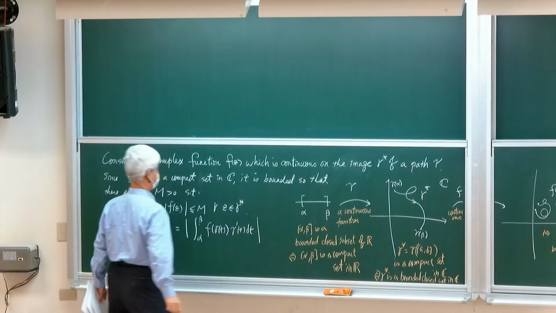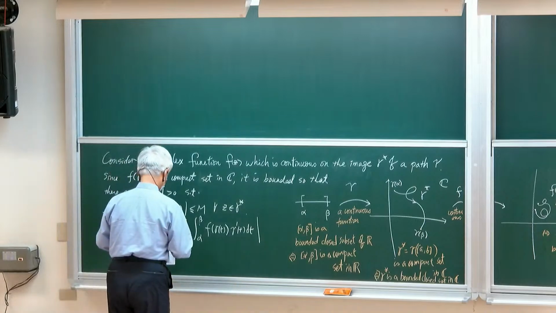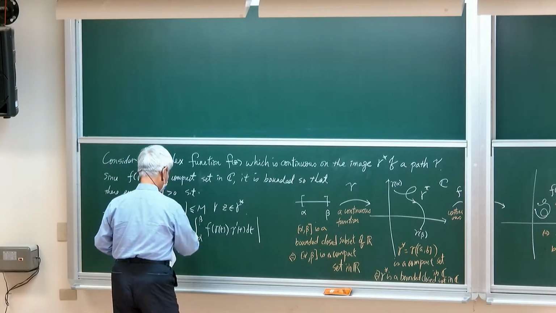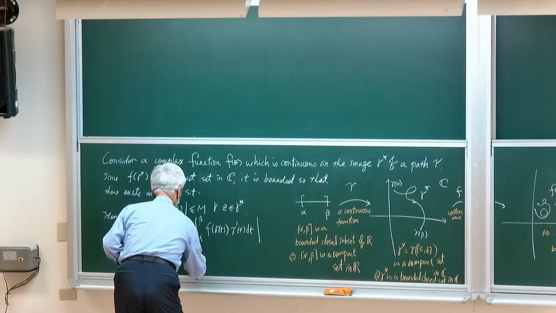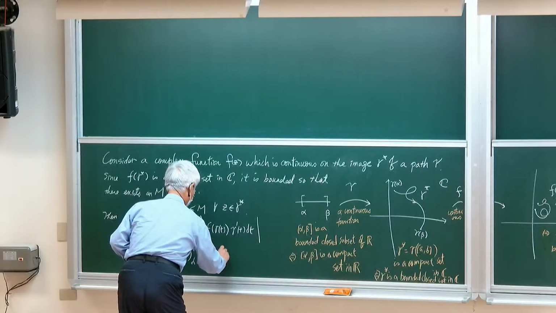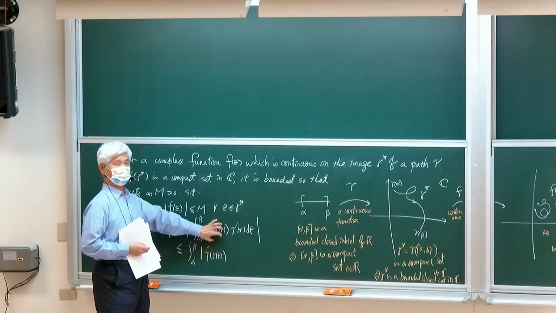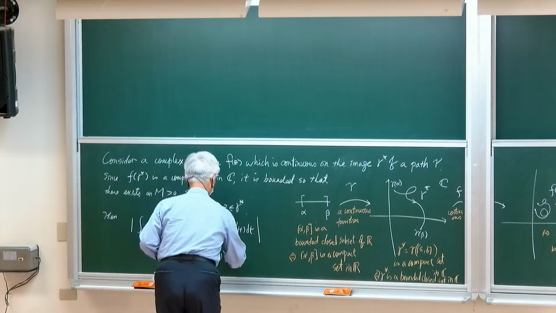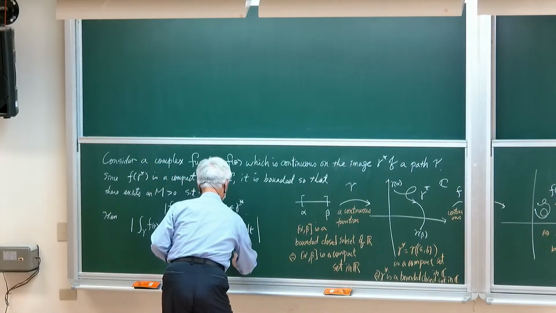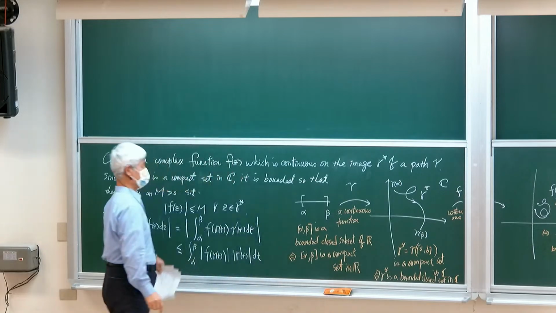So we get an upper bound if we take the absolute value in the integrand, f of gamma t and the absolute value of gamma prime t dt.